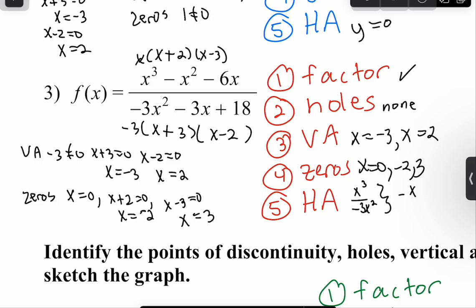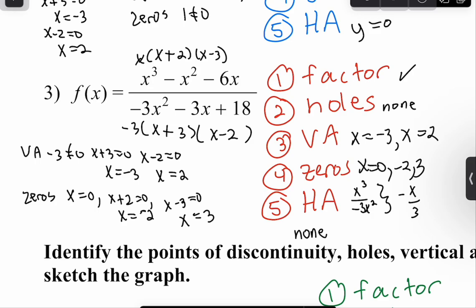That kind of looks like -x/3. That doesn't have a horizontal asymptote. It acts like a line with a slope that's negative. So it would be a negative sloping looking line with some holes and vertical asymptotes and weird things happening, okay?